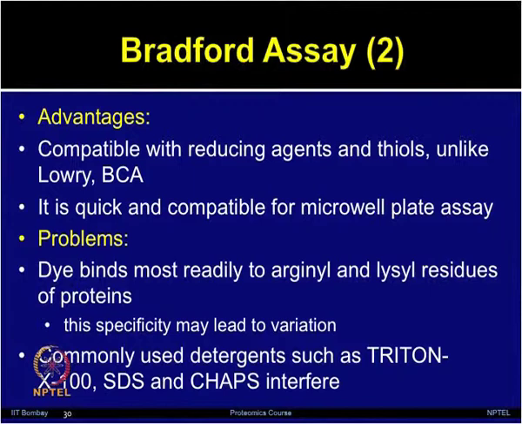But there are different problems with the Bradford assay as well, such as the dye binds most readily to the arginyl and lysyl residues of the protein, and this specificity may lead to variations. Now, various detergents such as Triton X100, SDS and CHAPS also interfere with the Bradford assay.